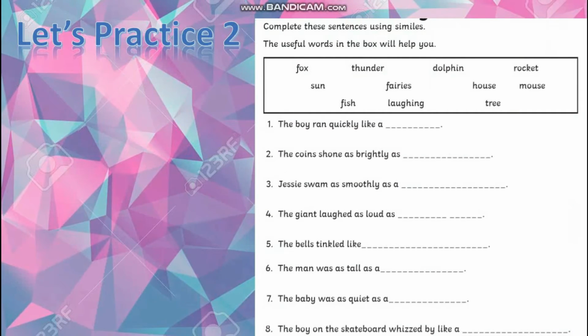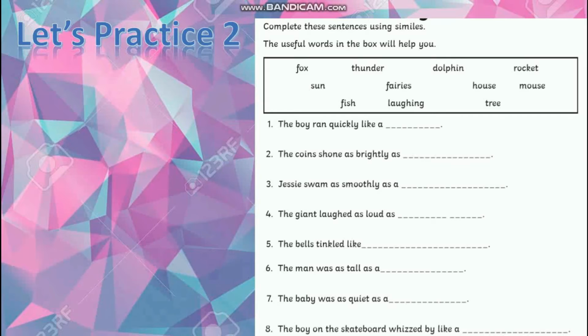We take a word from the box and we put this word in the sentence in order to make a correct simile. It's actually a very nice exercise that you can use with 8 examples and 8 useful words to be put in the sentences. So if you want to do this extra exercise, please make sure that you watch this later on.